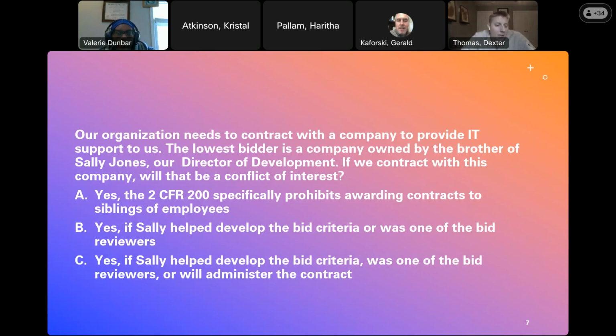Choice A, yes. The 2 CFR 200 specifically prohibits awarding contracts to siblings of employees. B, yes. If Sally helped develop the bid criteria or was one of the bid reviewers. Or C, yes. If Sally helped develop the bid criteria, was one of the bid reviewers, or will administer the contract. Please drop your answers in the chat.